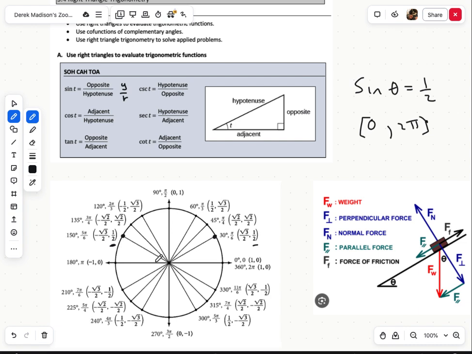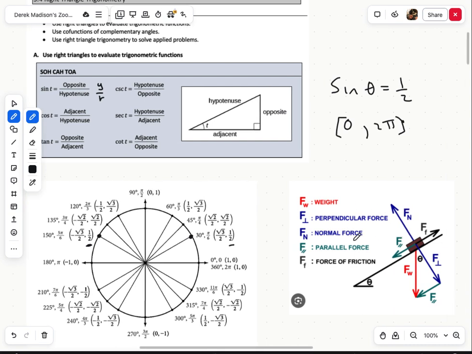When we go to graph these in, I think, the next section after this, the unit circle is totally critical for getting this thing graphed and understanding why the graphs do what they do. That said, sometimes the adjacent, opposite, and hypotenuse notation is super handy. I just pulled up a physics free body diagram real quick here.